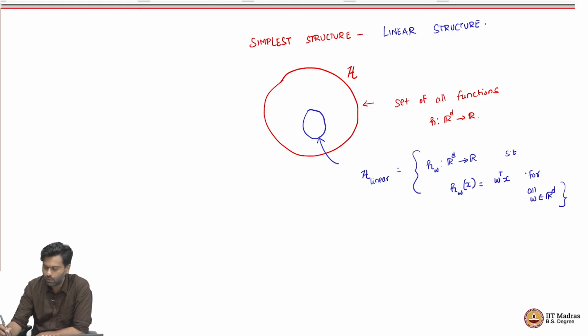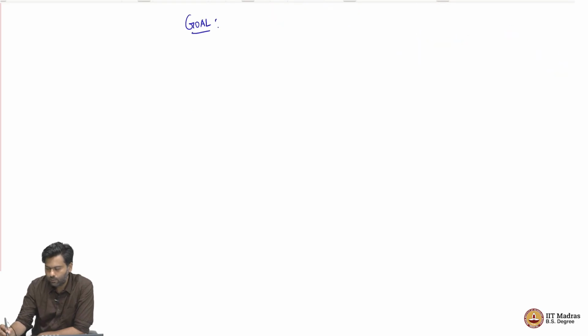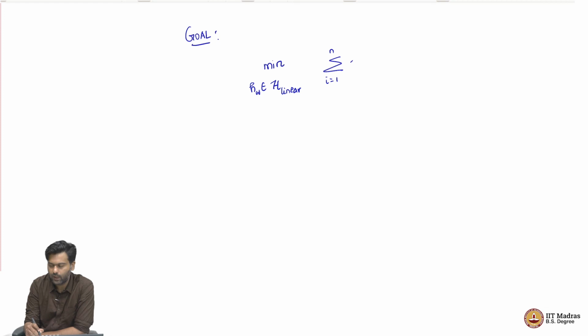So, what is our modified goal then? Our modified goal is the following. We are going to minimize over every h_w in H linear, searching in this space, the same error function. There is no problem with the error function: h_w(x_i) minus y_i, squared.